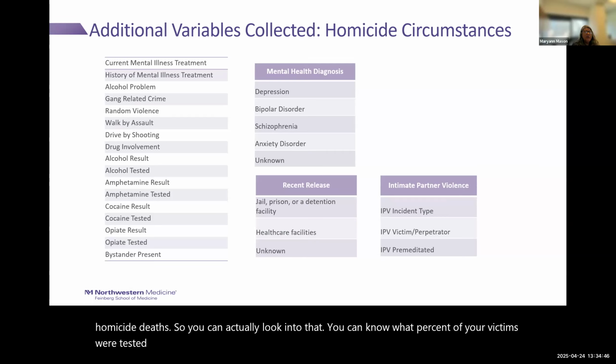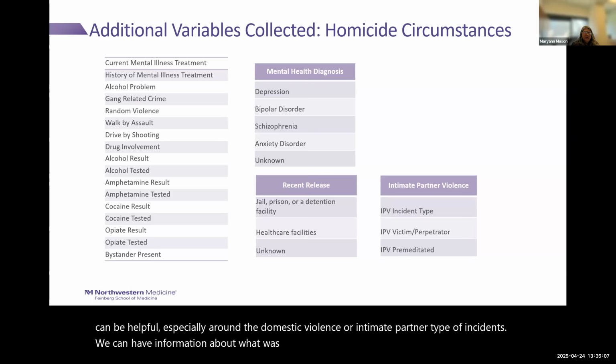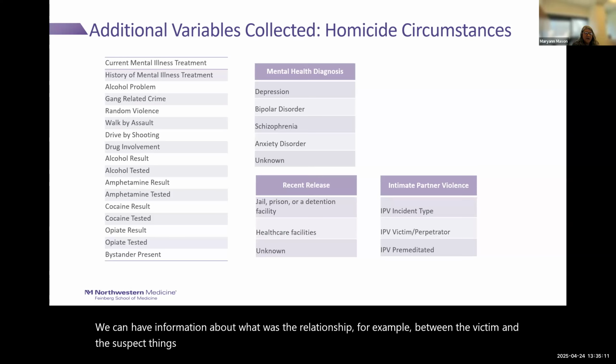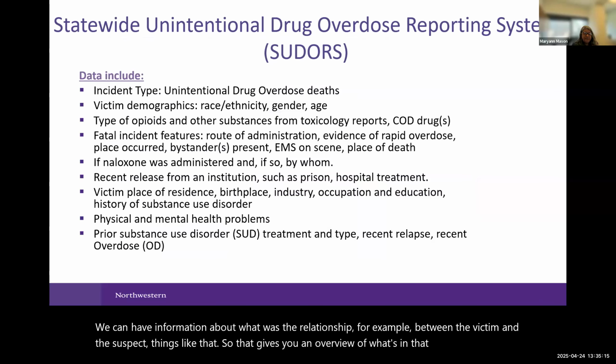It's not on the slide too, but we often have suspect information. And that can be helpful, especially around the domestic violence or intimate partner type of incidents. We can have information about what was the relationship, for example, between the victim and the suspect, things like that. So that gives you an overview of what's in that system.